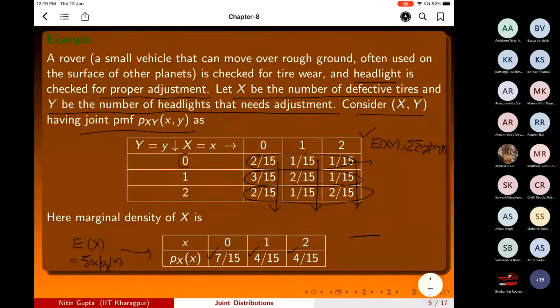That means you multiply 0 into 2 by 15, plus 0 into 1 by 15, 0 into 1 by 15, 1 into 3 by 15 plus 1 into 2 by 15 plus 1 into 1 by 15, and so on. In this fashion you can find the expected value of XY also.